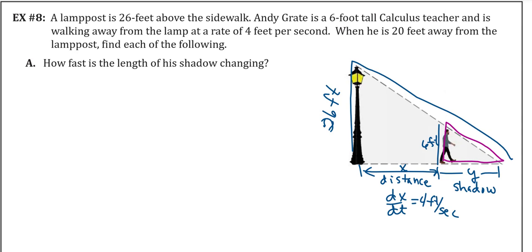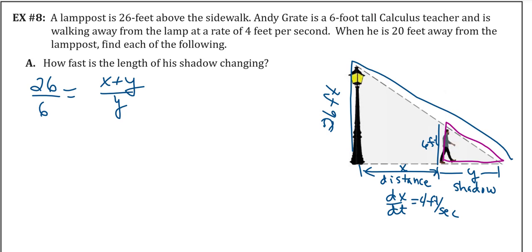So using those numbers, we know, using the height, the relationship 26 is to 6 as the whole length of the bottom, which would be x plus y, is to the length of the purple triangle, which is y. So there's our equation.